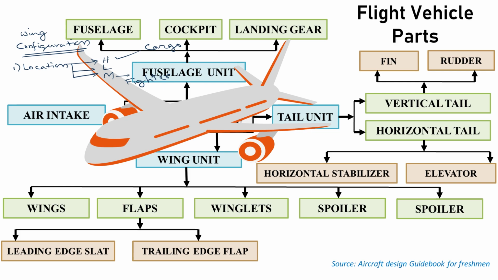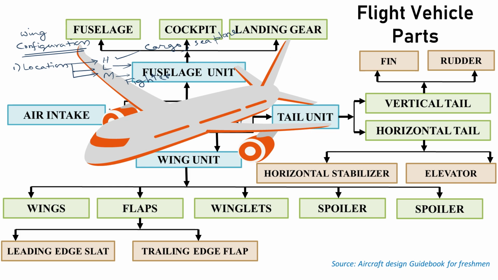Remember this, as I have said, they used to ask you the application. Now, high wing, one more configuration you can say is seaplane. Seaplanes are also mostly high wing configuration. Now what is the most common low wing configuration?